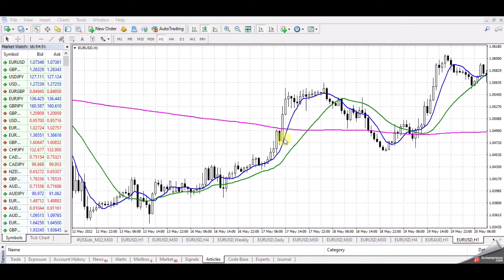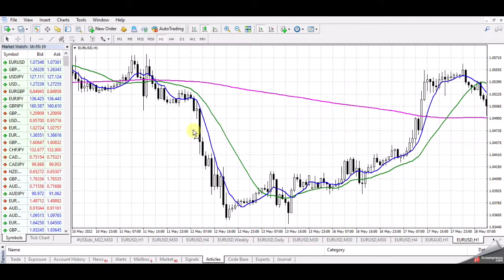On the contrary, the 7 and 21 are considered fast moving averages. When a slow moving average like the 200 period is crossed at the downside by a fast moving average, you have a downside period.